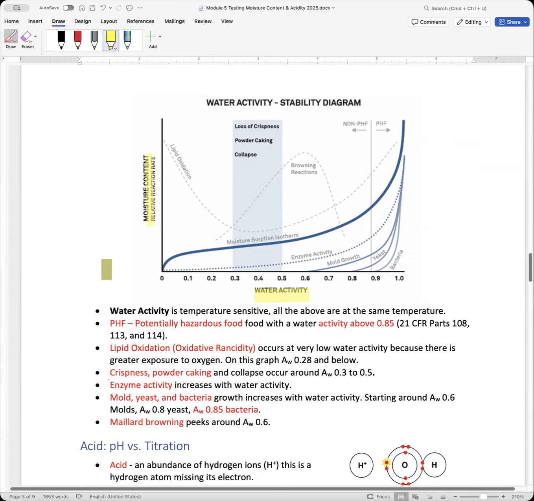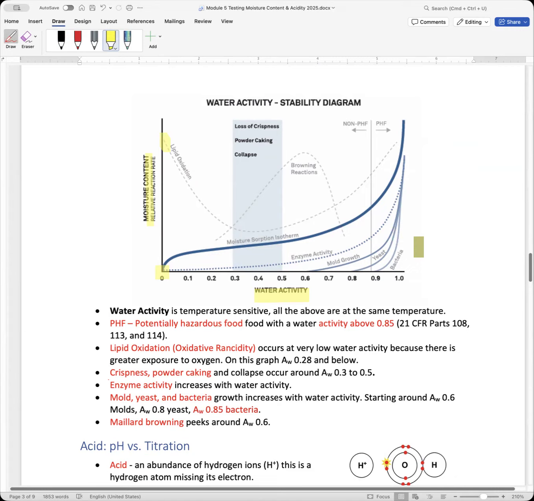If we look at the isotherm, this dark line right here, as the water activity is really low, like in a lipid, because there's no water in lipids, we see a lot of lipid oxidation because the oxygen can get to the lipids really easily. So things that have really low water activity are likely to have lipid oxidation or rancidity.